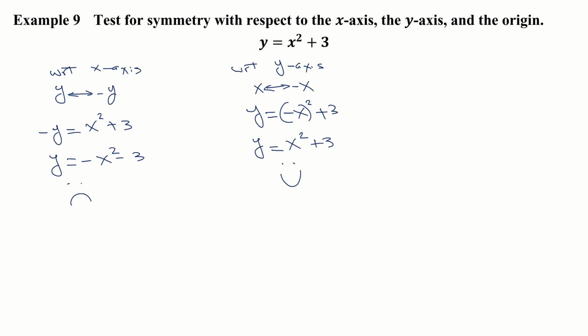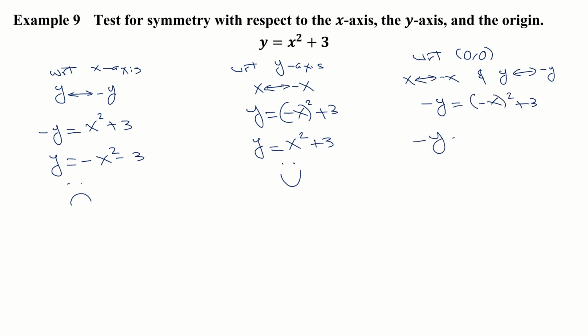And how about with respect to the origin? Well, if we want to check symmetry with respect to 0, 0 or the origin, we have to change x with negative x and y with negative y and see if we can get back to the original equation. So y becomes negative y and x becomes negative x.